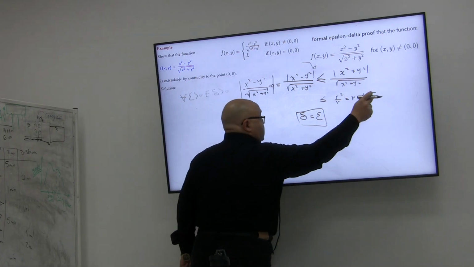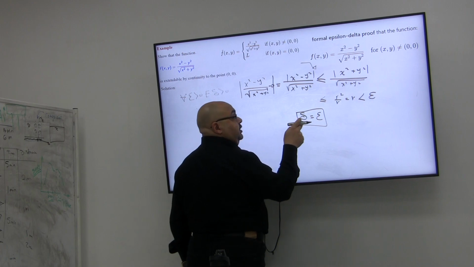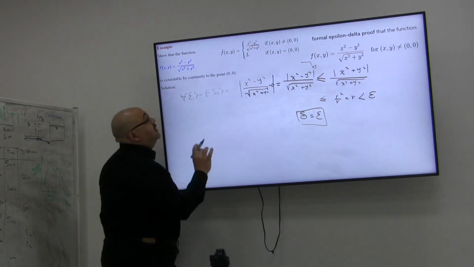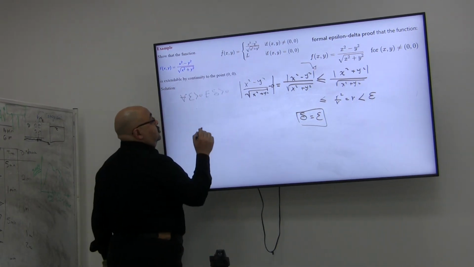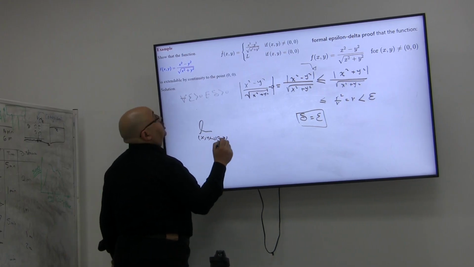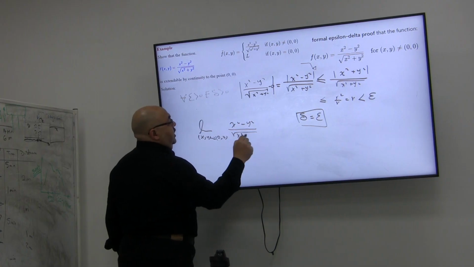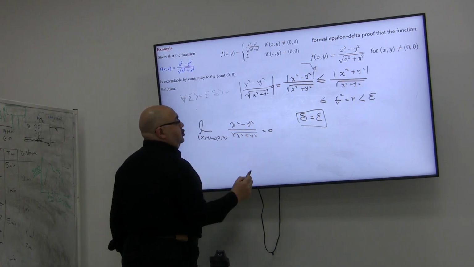Once epsilon is greater than 0, according to this relation, delta is greater than 0. Now this limit exists. So the limit as (x, y) tends to the origin of x squared minus y squared divided by x squared plus y squared is equal to 0.